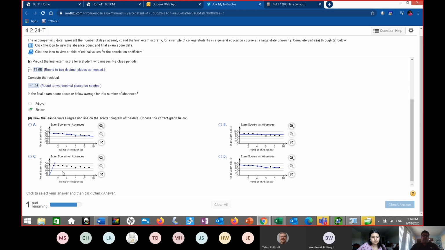Well, B is not a perfect fit. It looks like somebody just drew a straight horizontal line. What's wrong with C? C doesn't make sense. And D, they just joined the dots together. So A is your only possible answer.